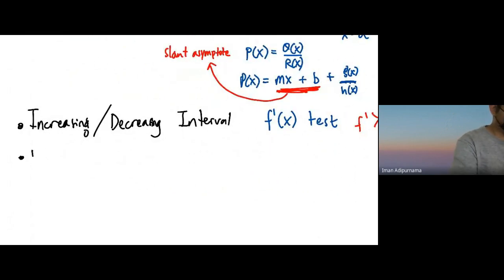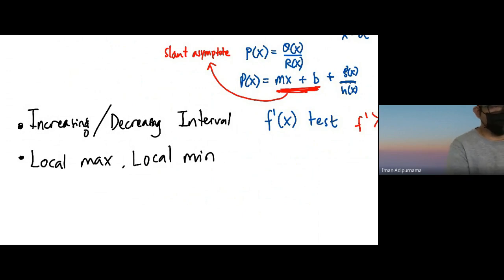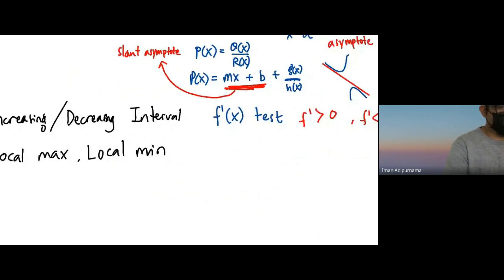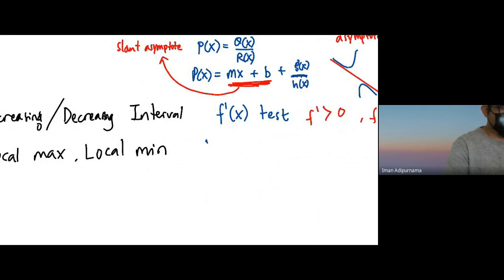And then local max and local min. Basically, this is checking the critical numbers.